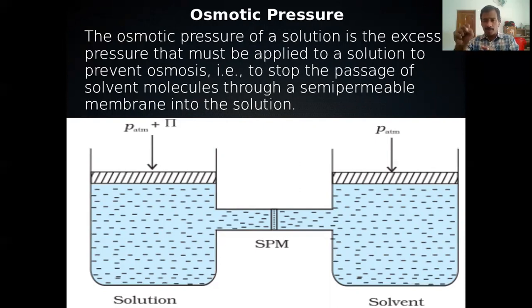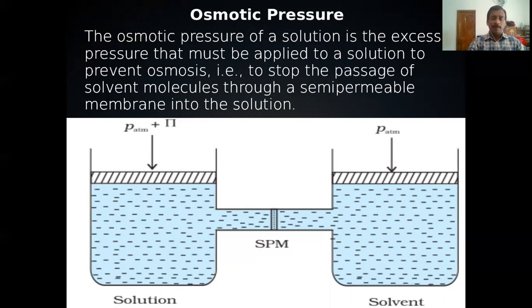To prevent this process, you have to apply an external pressure, an excess pressure over the atmospheric pressure, to the surface of the solution. That minimum excess pressure required to prevent osmosis is known as osmotic pressure.